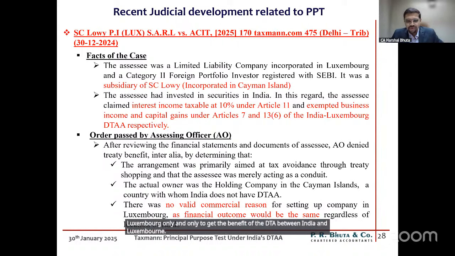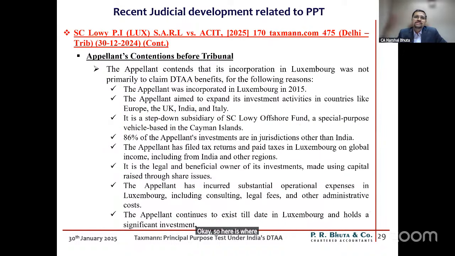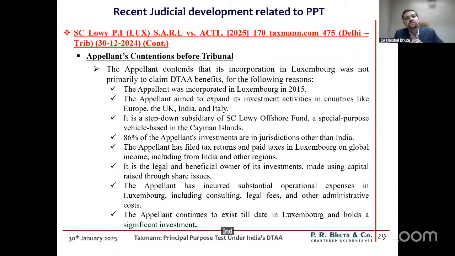Here is where the taxpayer placed a lot of arguments, which said, I was incorporated way back in 2015. It is not only India investments, it is investment across the world. India investments is only 14%, 86% is outside India. This is a special purpose vehicle.